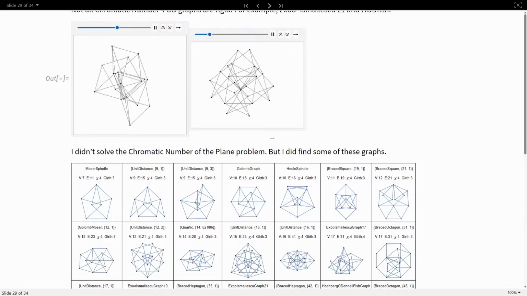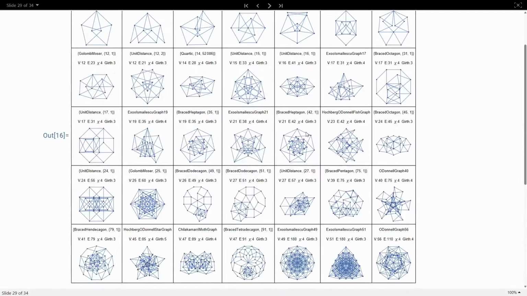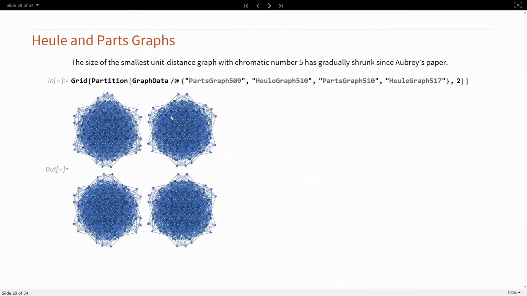So here are other graphs that require 4 colors. The Yule spindle, I just mentioned Yule on the last page. This graph here and this graph are both found by Yule.